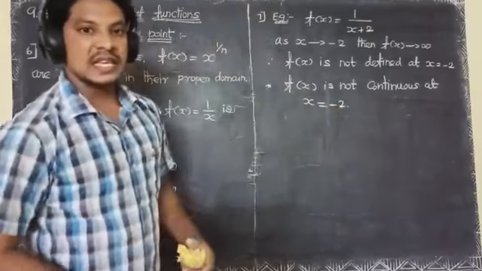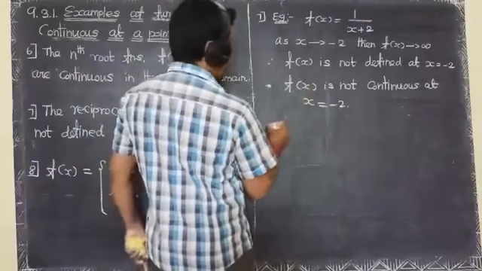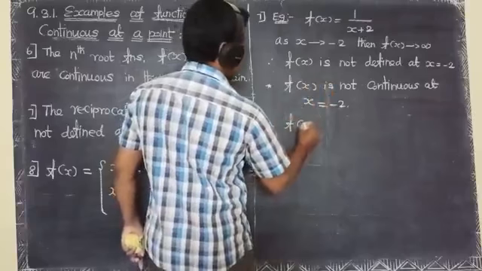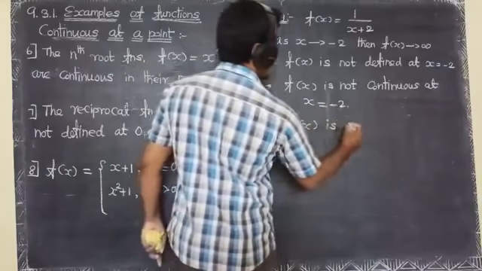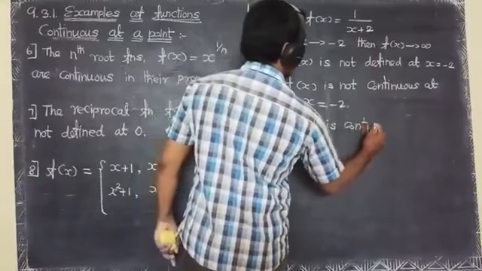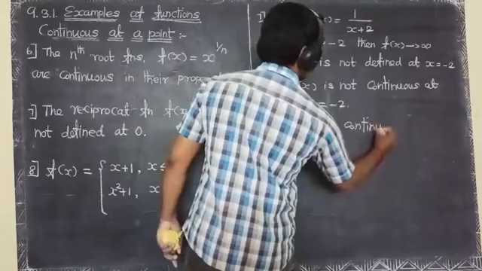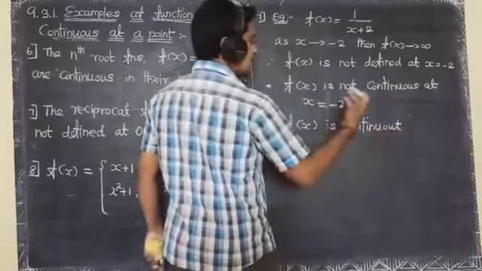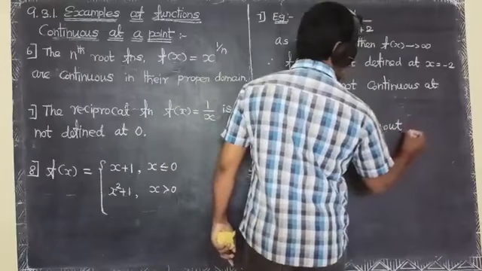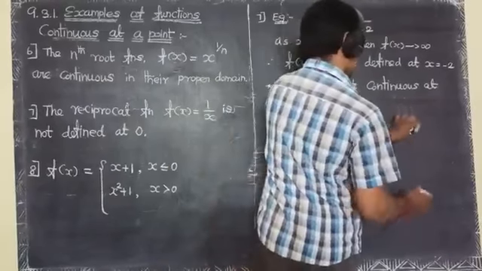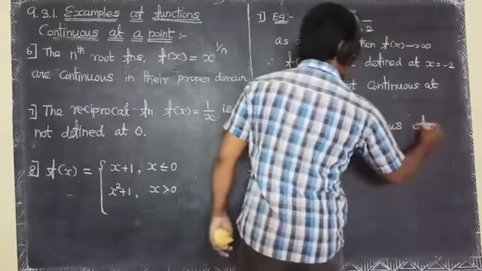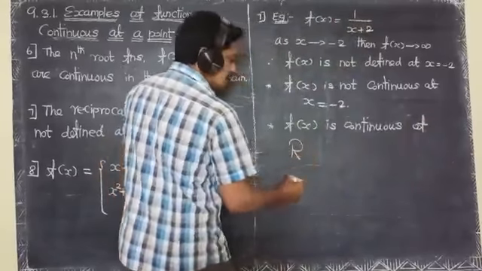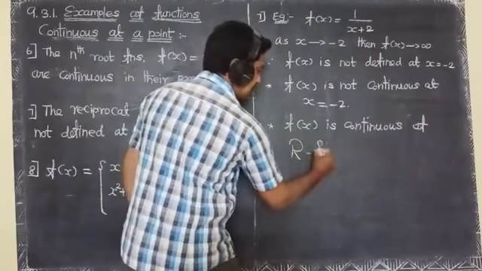In other words, we can say f of x is continuous on capital R except minus 2, that means real numbers except minus 2.